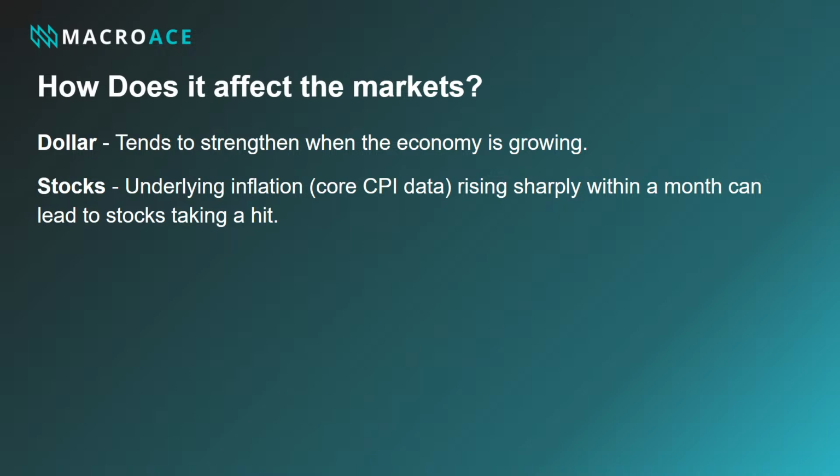If inflation jumps to the upside in one report, it can lead to stocks taking a big hit, and the dollar seeing a bigger amount of appreciation, in expectation that the Federal Reserve has more work to do to tighten monetary policy and bring down inflation. So that's one thing to be aware of with the stock market and how the dollar reacts.